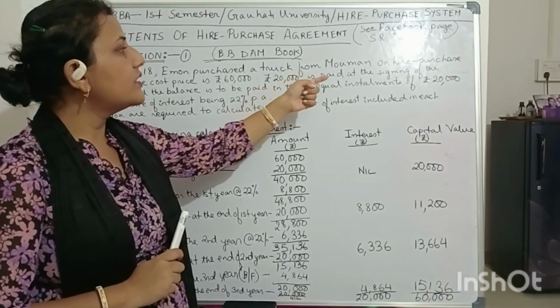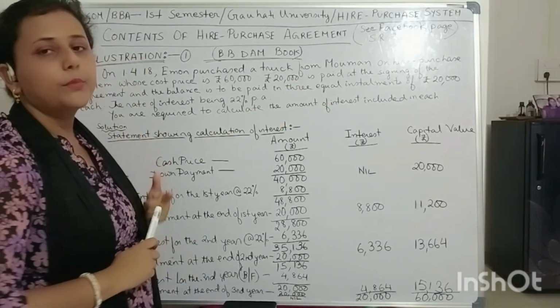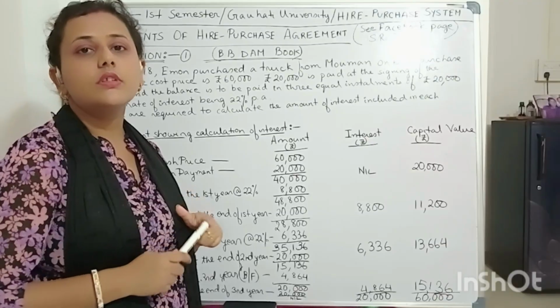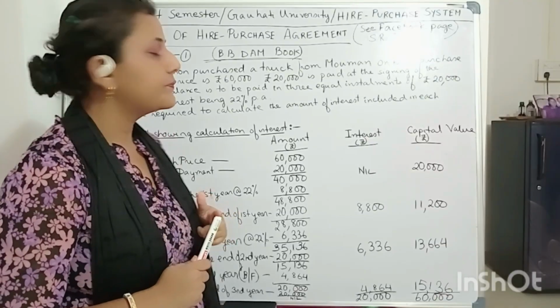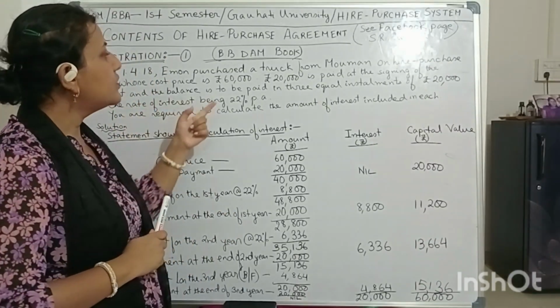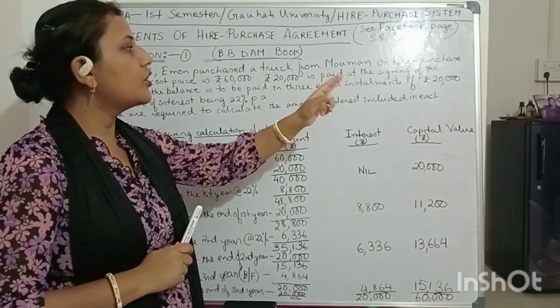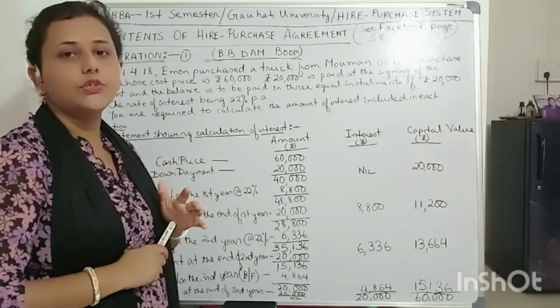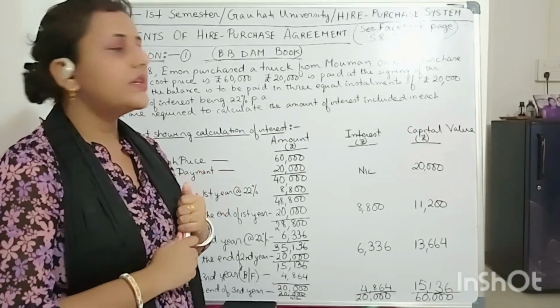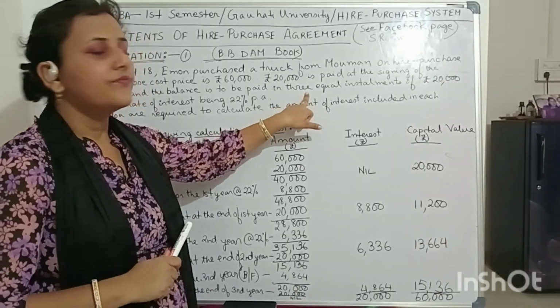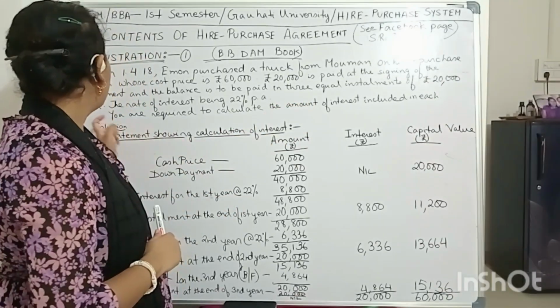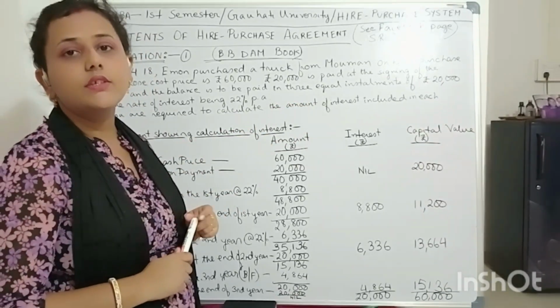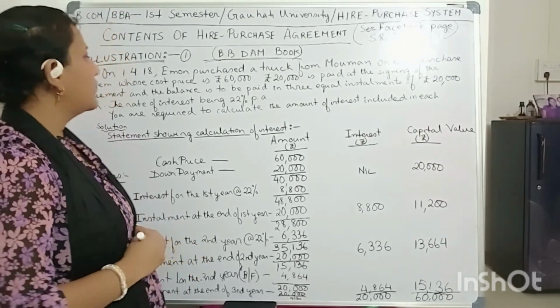Rupees 20,000 is paid at the signing of the agreement, and the balance is to be paid in 3 equal installments of rupees 20,000 each. So the number of installments is 3, and the price of each installment is rupees 20,000.